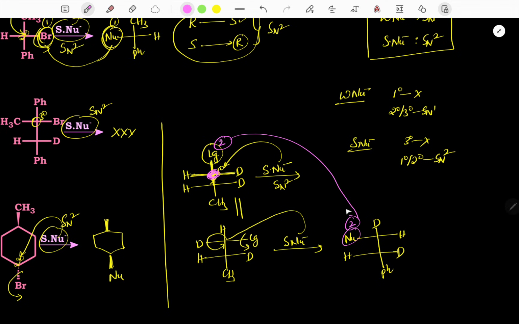So if you remember this concept, you can solve it directly with the help of RS nomenclature. The only fundamental rule is you have to give the same numbering to the leaving group and the nucleophile. Suppose this carbon is R configuration, it should be S. Suppose it is S configuration, it should be R. Then definitely an Sn2 reaction took place.